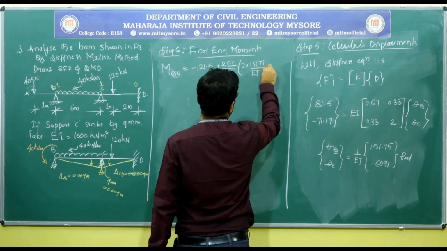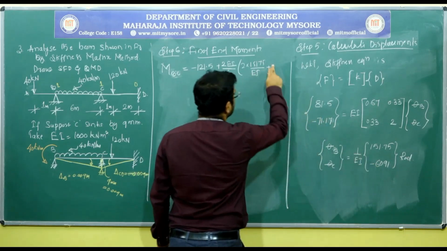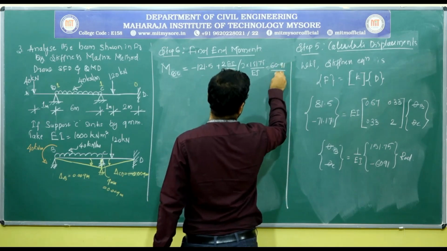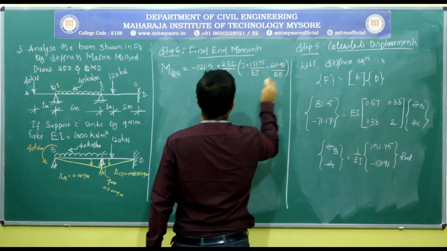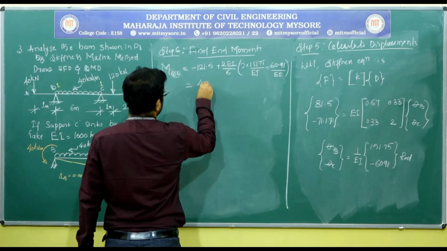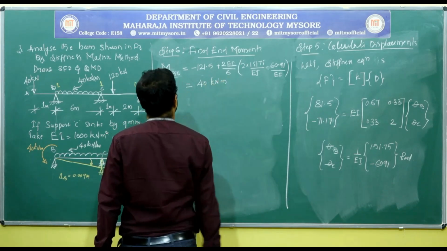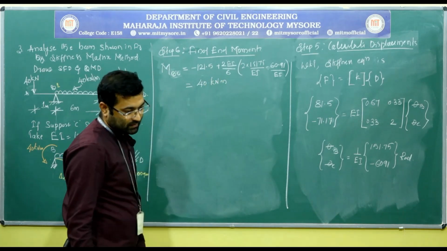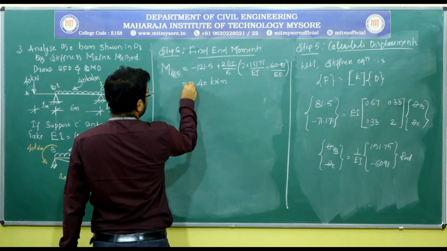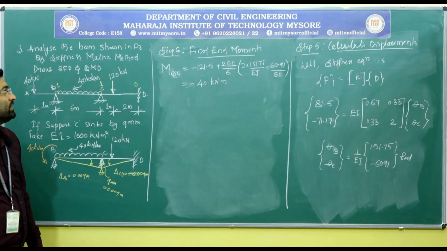So EI gets cancelled, plus theta C. Theta C is minus 60.91 by EI. So from this I will get MBC as 40 kilonewton meter. I think I will get minus 40, not plus 40. I will get minus 40 kilonewton meter.